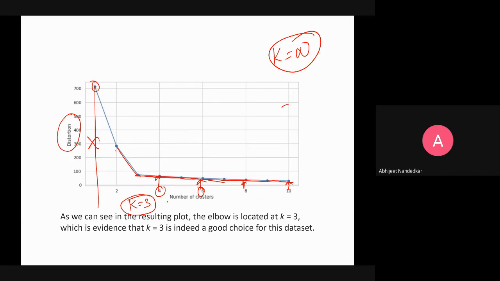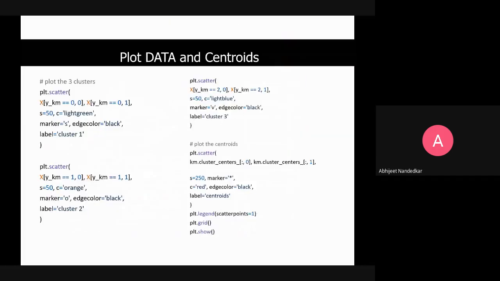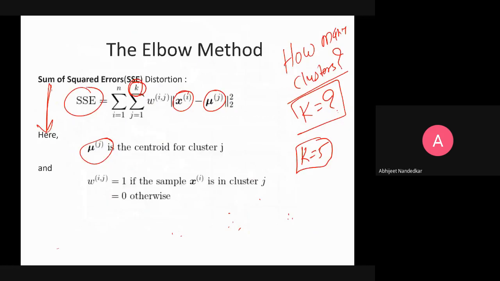When you keep on increasing clusters, this value is going to get reduced. So we can say that this elbow position is a good number of clusters. This is how we can decide the best value of k for a given problem. That's why this extension of k-means clustering is called the elbow method. Okay, so let us start here.